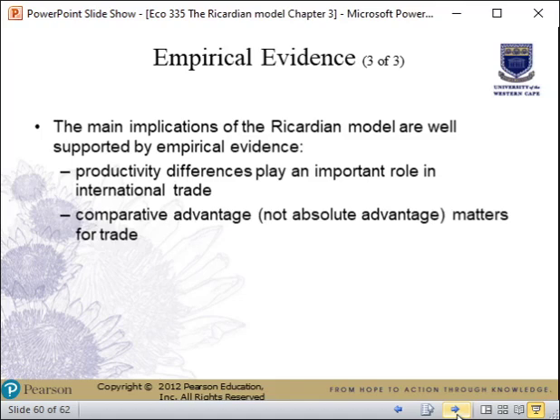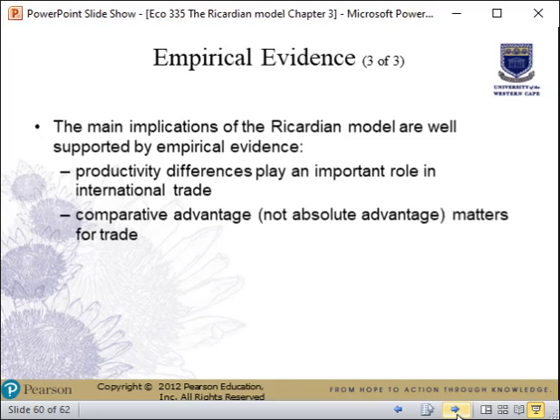For example, in the case of non-traded goods, we do not see extreme specialization. In the case of income distribution, the Ricardian model does not consider income distribution, but it assumes the whole country benefits from trade, which might not be the case.